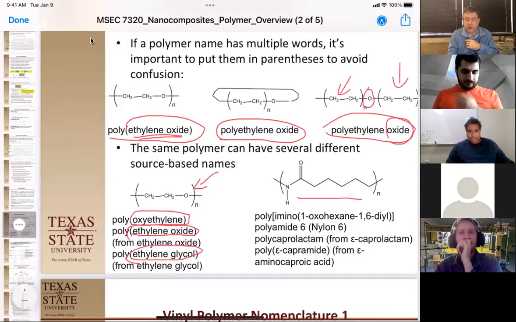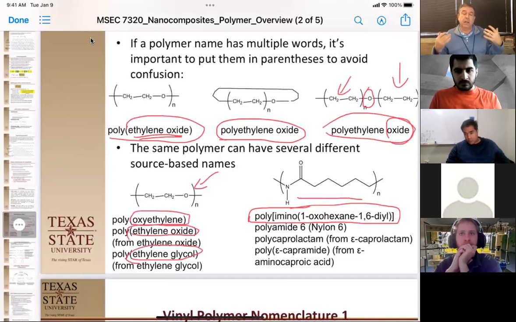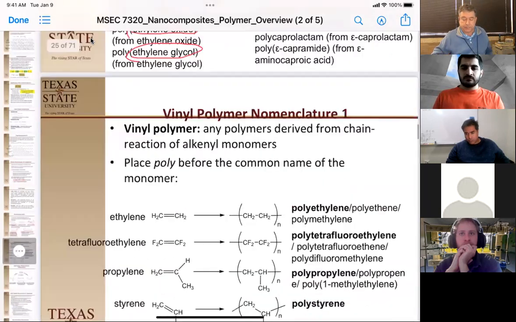Now notice the first one right here, this is the IUPAC name. So this is very precise. We know exactly where everything is, but just looking at it, there's no way you're going to see that that's nylon 6. So the idea here is that we just need to be very careful and diligent about describing the polymer that we want to be talking about in a correct way that everybody understands.